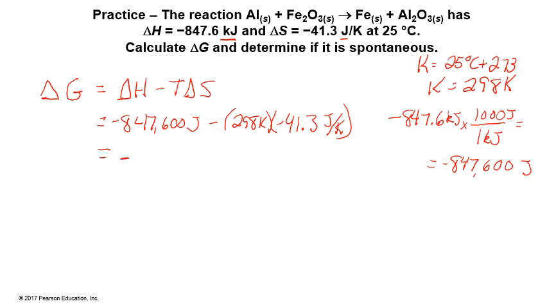And so in this case, we end up with negative 8.353 times 10 to the 5th joules. Because it's negative, this is a spontaneous reaction.